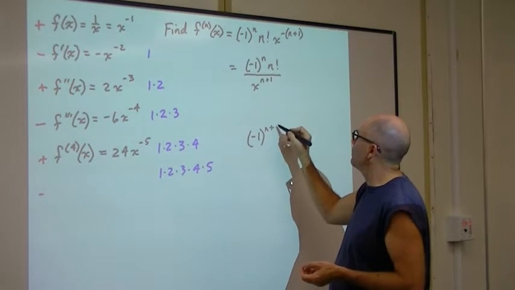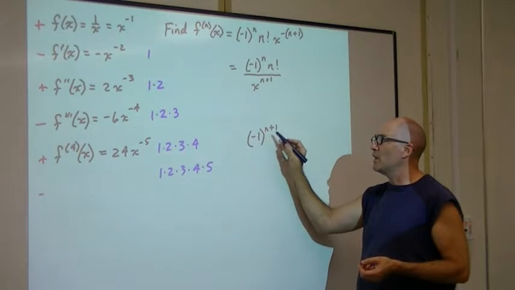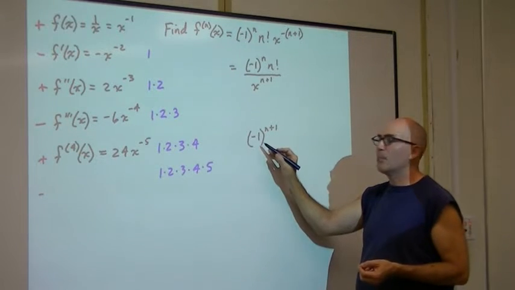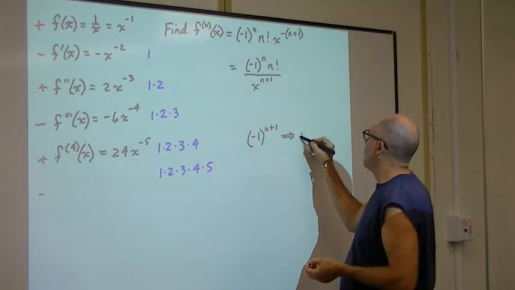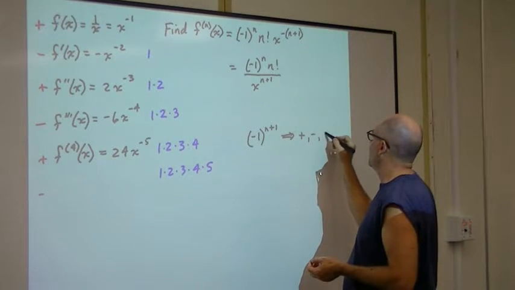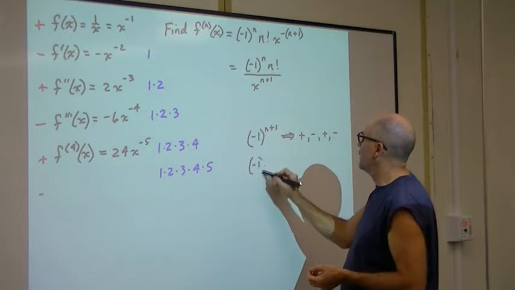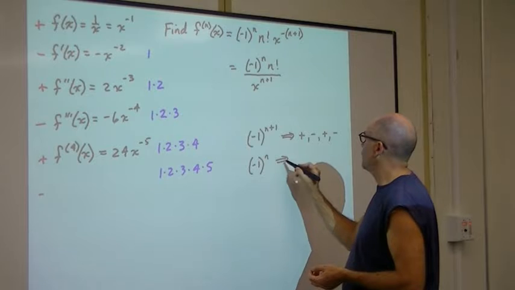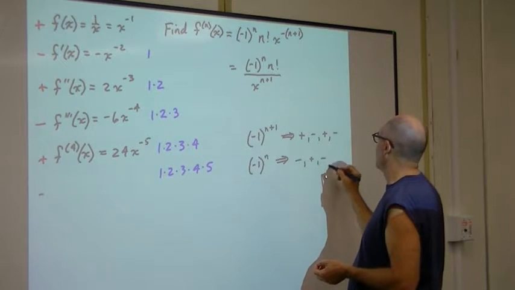So let's just say n plus 1. Now that means when n is 1, I've got (-1) to the second, which is positive. So this will give you a positive, then a negative, then a positive, then a negative. Whereas the (-1)^n will give you the negative first, then a positive, then a negative, then a positive.